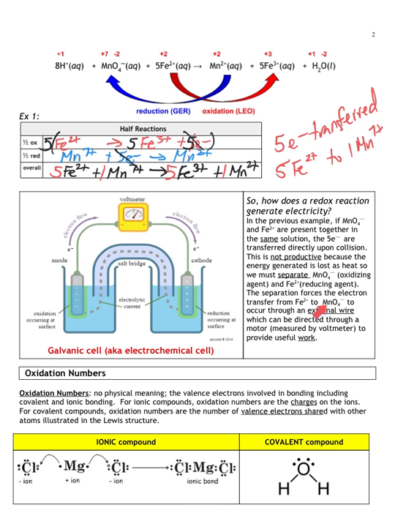The separation forces the electrons to transfer from the iron 2 plus to the permanganate, which has the manganese 7 plus, through an external wire. So what we do is put two beakers here, and we put all the species needed on one side with one electrode, and on the opposite side is the other electrode.